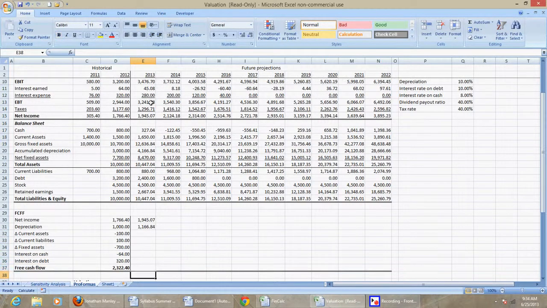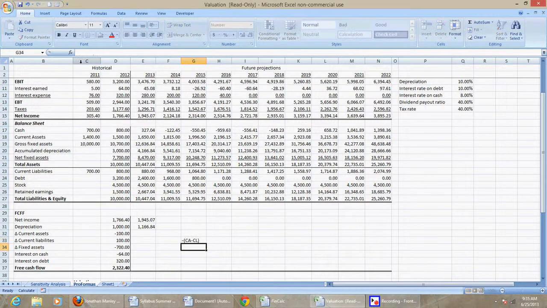The current assets and current liabilities, these two, this is our net working capital. If we have to put working capital into the firm, we need to subtract that out because that's taking away from our profitability. So the way that works is we need to subtract net working capital, which is going to be minus the change in current assets minus the change in current liabilities, right?